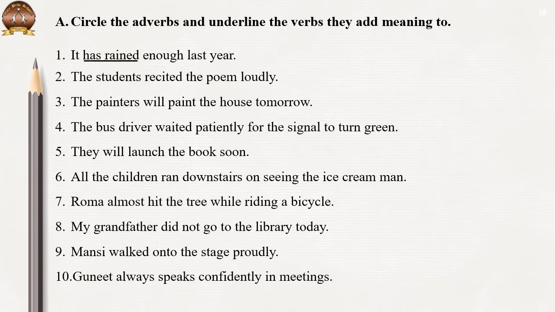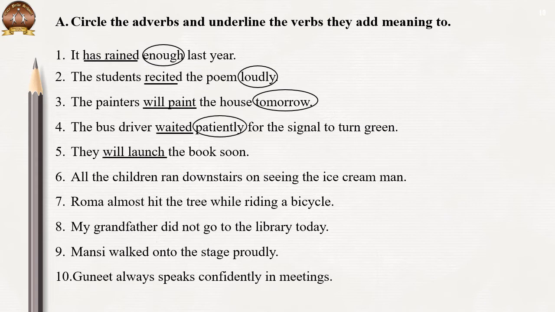Now here we will underline the verbs and circle the adverbs. Now see, has range is the verb and enough is the adverb. Recited is the verb and loudly is the adverb. Will paint is the verb and tomorrow. When do we paint? Tomorrow. This way you solve that exercise. Find all the correct answers.